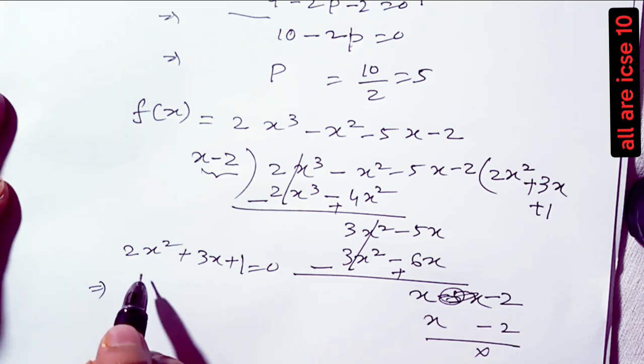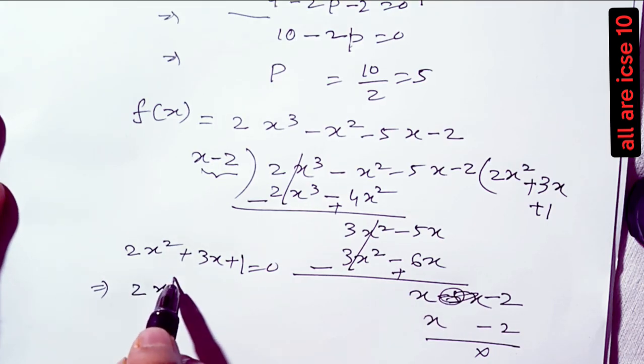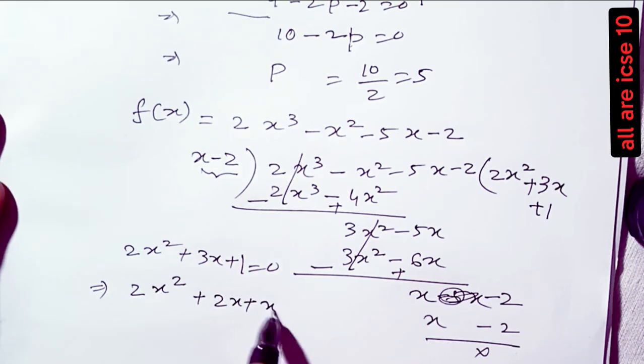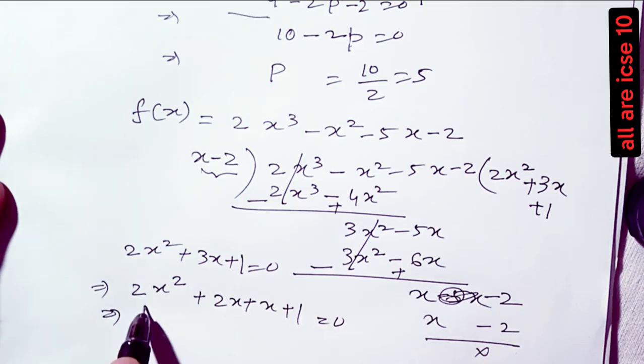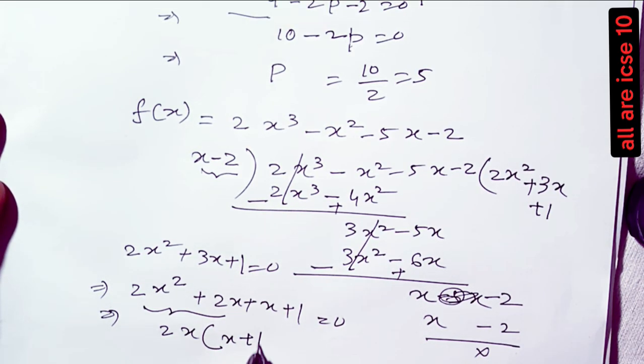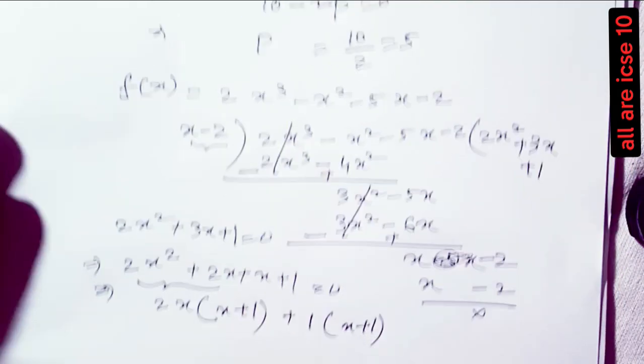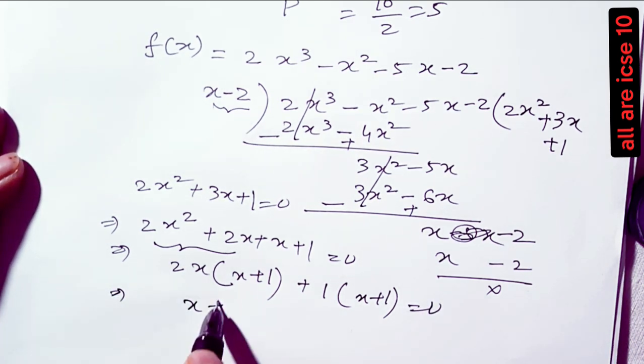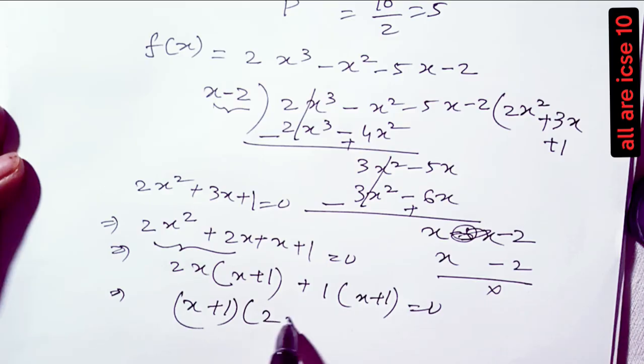So middle term factorization, 3x we write as 2x plus x, plus 1 equal to 0. From here we get common 2x, x plus 1, this is 1, x plus 1. This is equal to 0. So x plus 1 and 2x plus 1 are two factors.